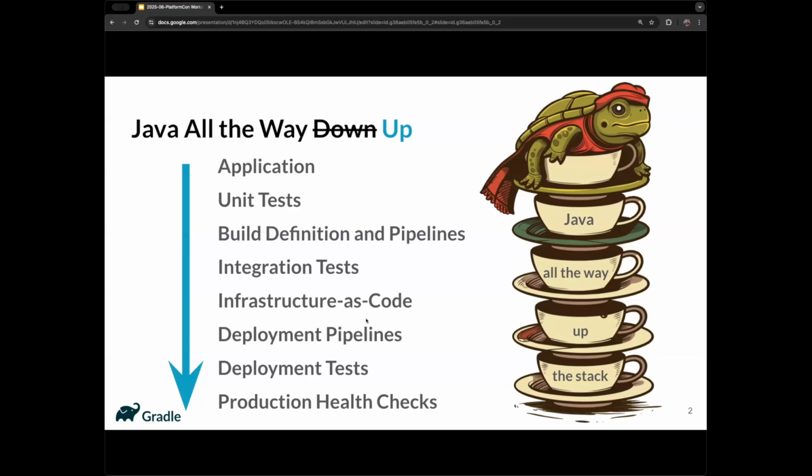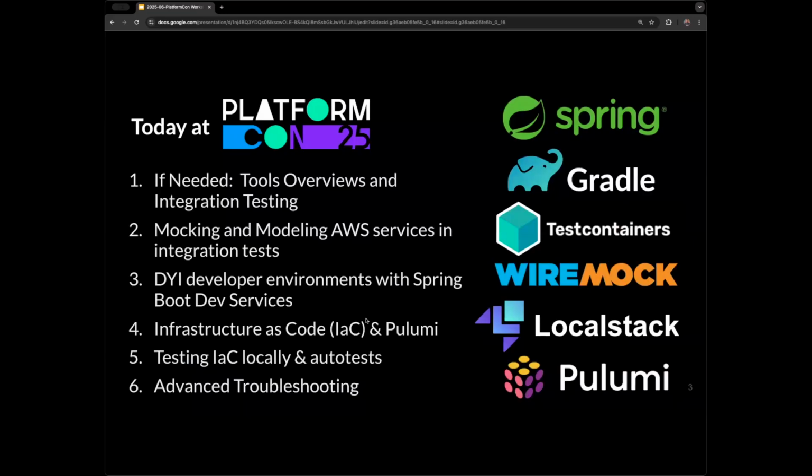And I actually plan to start from the first parts. I do not think we will ever get to monitoring. I actually don't even have slides for that, but if you want, I can share some tips. So what I wanted to do today is basically do some introductions for tools, depending on whether it's needed, but then discuss modeling AWS services specifically.